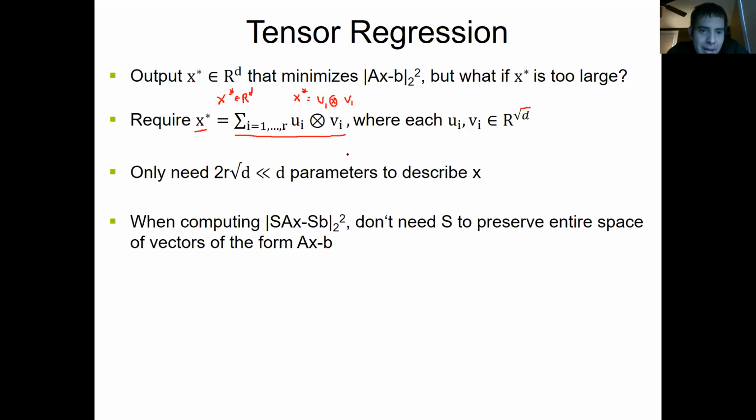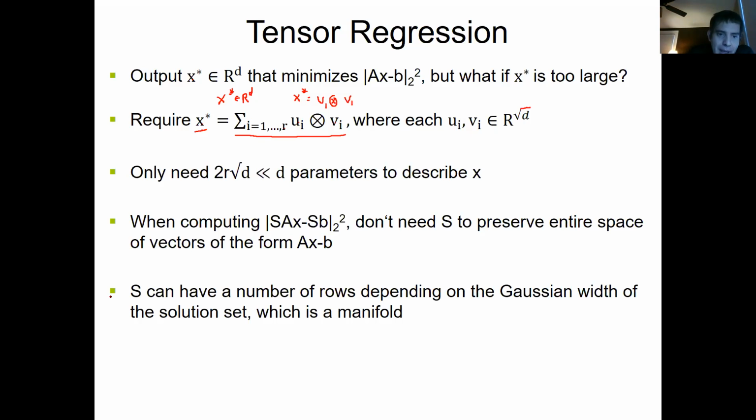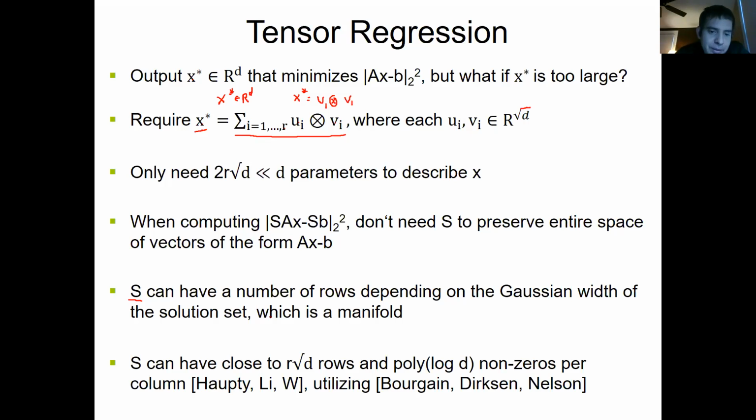And it turns out that you can. The sketching dimension, the number of rows, depends on what's called the Gaussian width of the solution set, which you may have seen in Gordon's theorem for Johnson-Lindenstrauss matrices. And it turns out that there are also sparse versions of this.